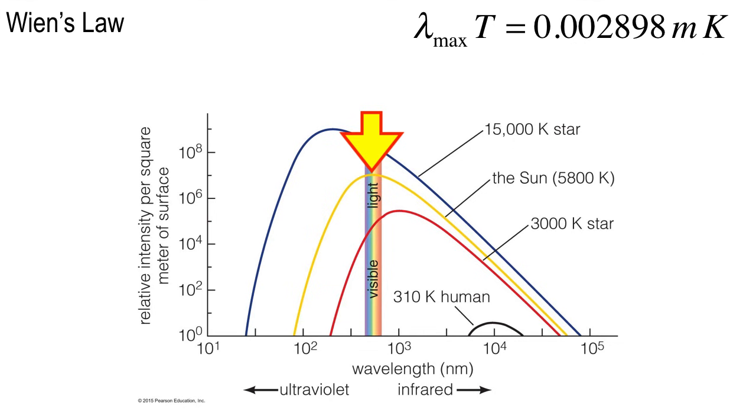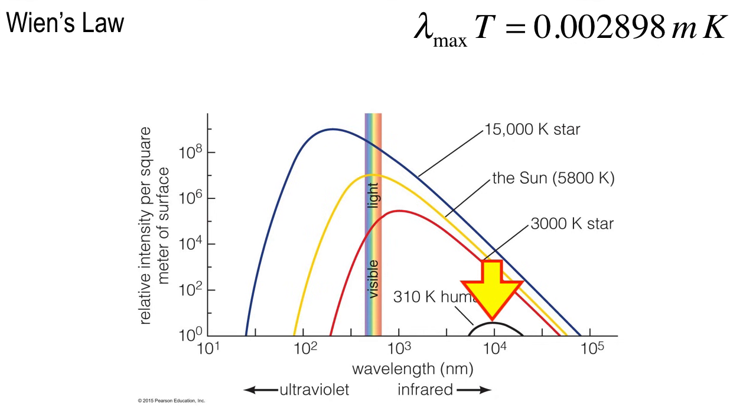Now here's a 3000 Kelvin star. It's down because it's cooler, and it's to the right. And here's a 310 Kelvin human. It's down and to the right. So the displacement means that the peak is displacing to the right according to this formula.